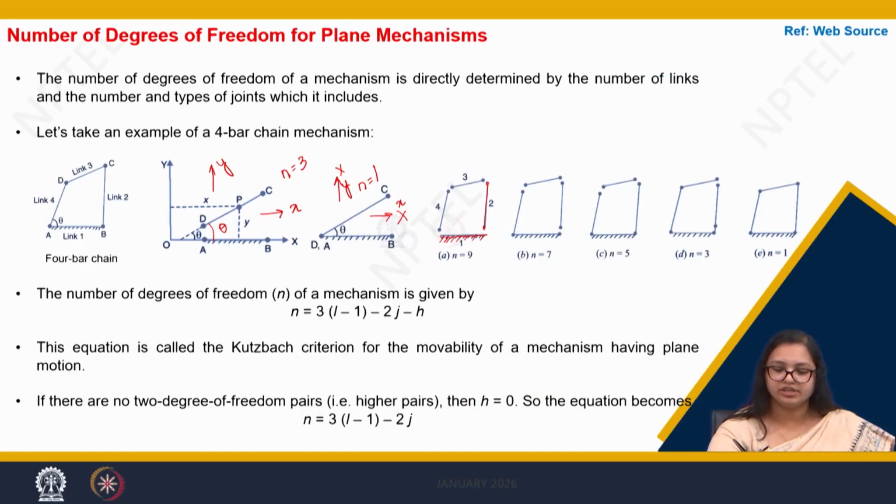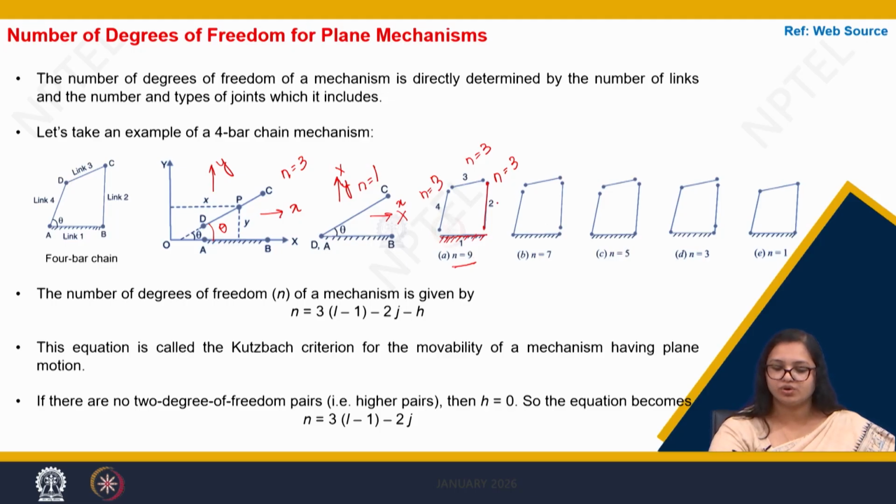Now when we talk about the link 2, it has degrees of freedom as 3 because it can move in X, Y, and it can also rotate. For link 3 also the degrees of freedom is 3, and for link 4 also the degrees of freedom is 3. So the total degrees of freedom in this system is 9.